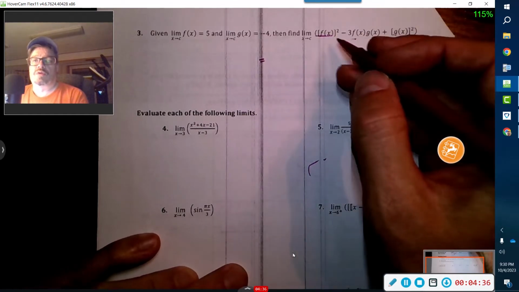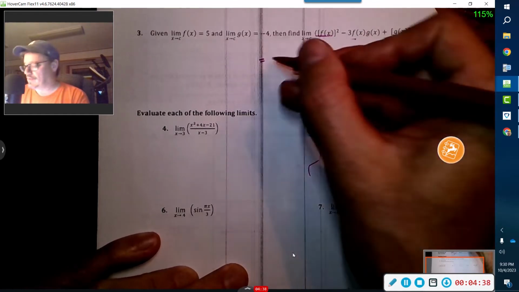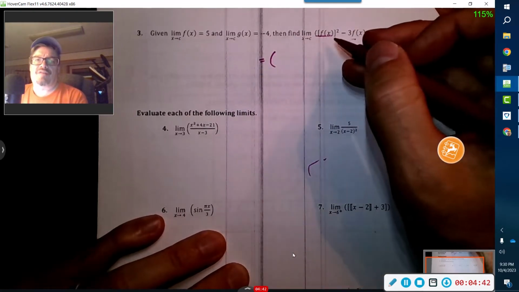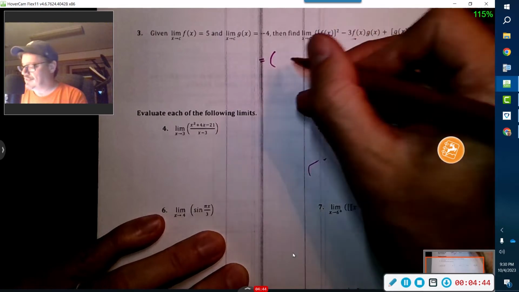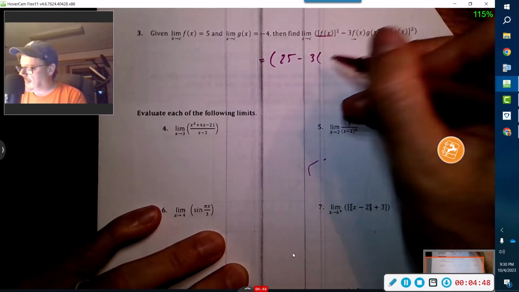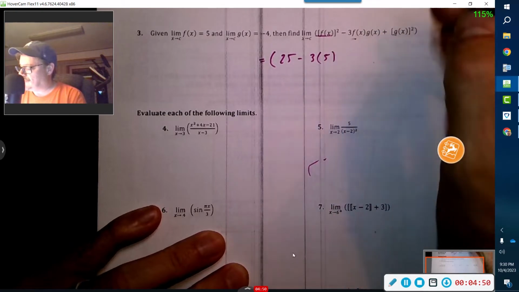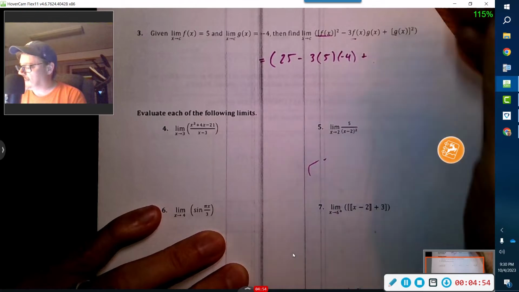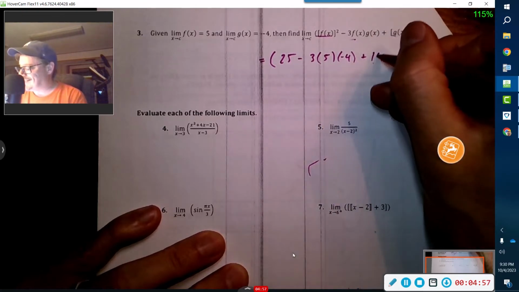So let's see, I'm looking for, okay, so the parentheses here says f of x would be squared as we approach the c. That's going to be 25, okay, minus 3 times f of x is 5, and then g of x is -4, plus, then we're going to square -4, so that'd be 16.